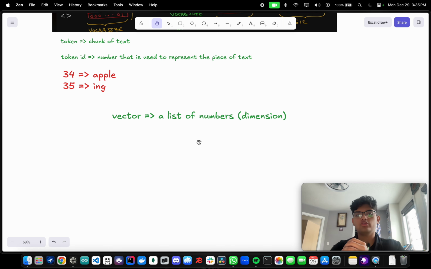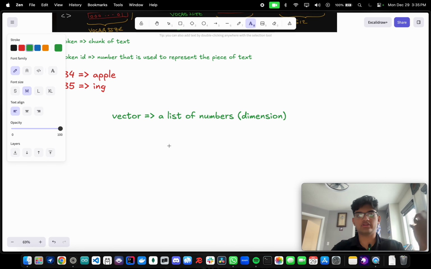So for example, just to keep things simple, you could have, let's say, a 3D vector. And in this 3D vector embedding, let's say you have a number for gender, right? So 0.5 means, let's say, male, and 1 means female. You could have one for royalty. Let's say this is like some sort of king or queen sort of word.